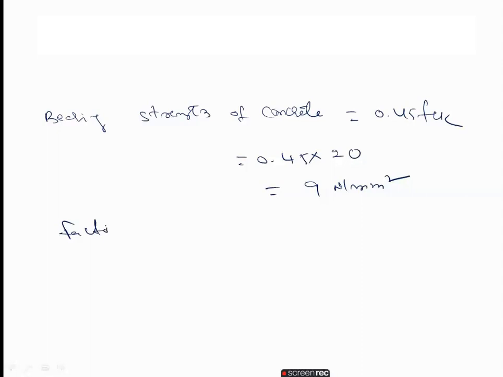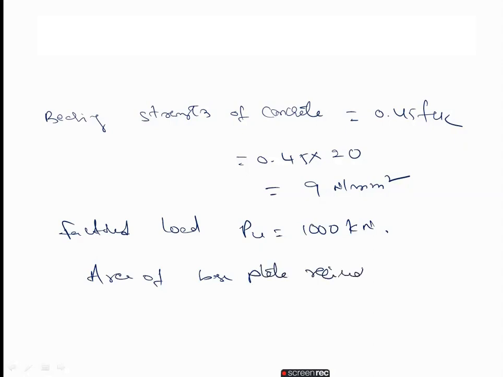The factored load Pu equals 1000 kilonewtons. So what happens? The area of the base plate required equals load, 1000 into 10 cube newtons, by 9. So you will get around 111,111 mm square.